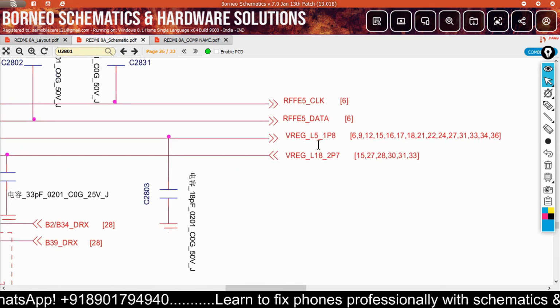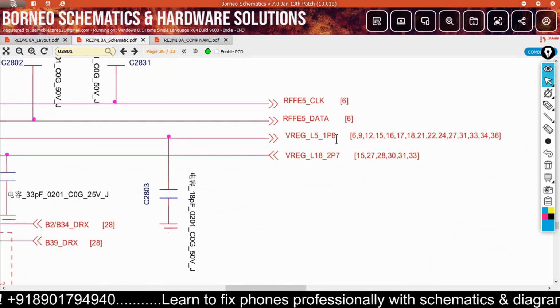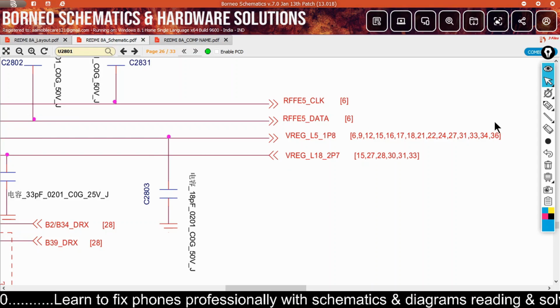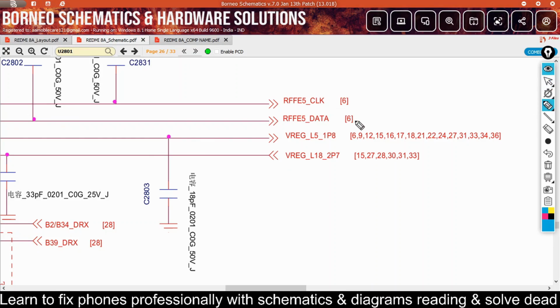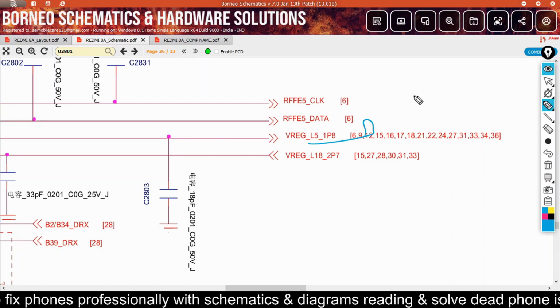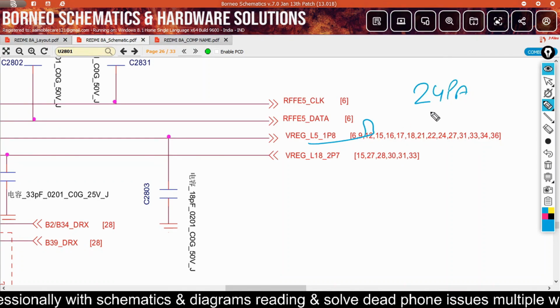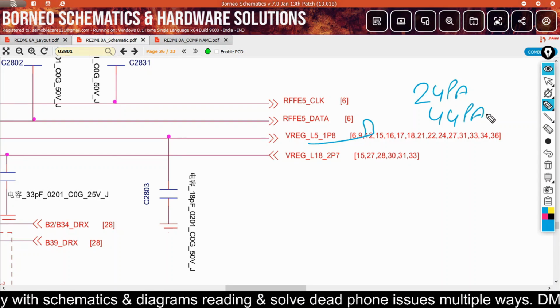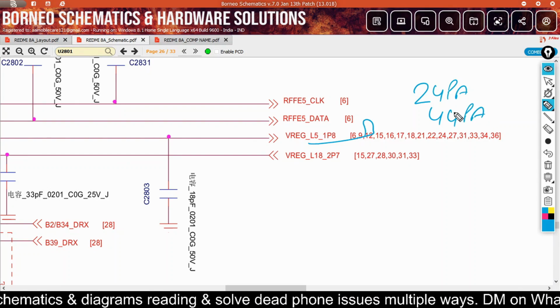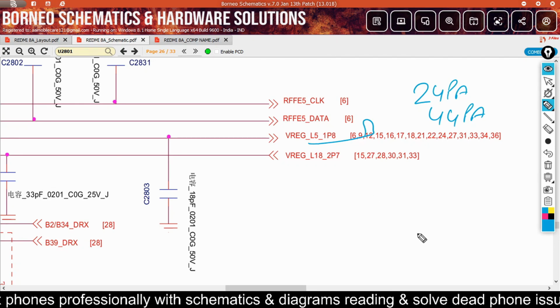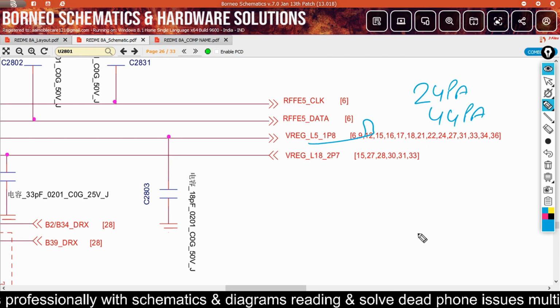So we see the VRAC L5, 1.8 volt. This L5, remember, this one is the same. Now, look here. This line is connected to the 2G PA, 4G PA, maybe in the drawing, because of less space, I did not draw it properly.